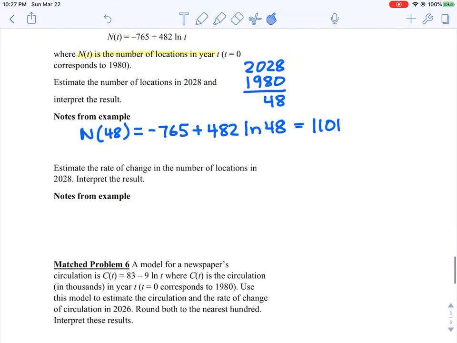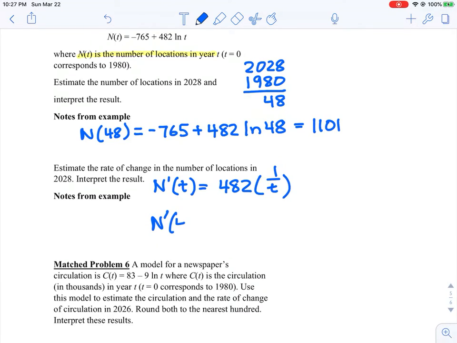our function. So I'm just going to slide it down just a little bit so that we can take the derivative. Derivative of negative 765 is 0. So the second term there, we have 482 times 1 over t.